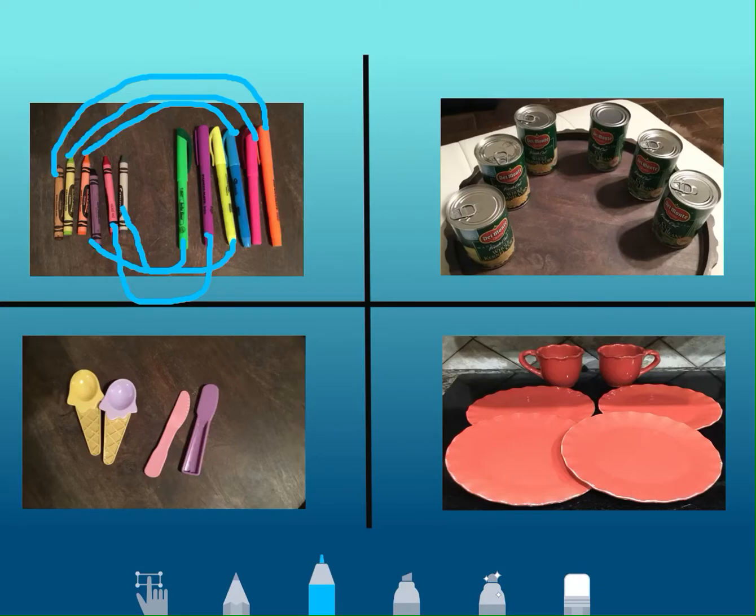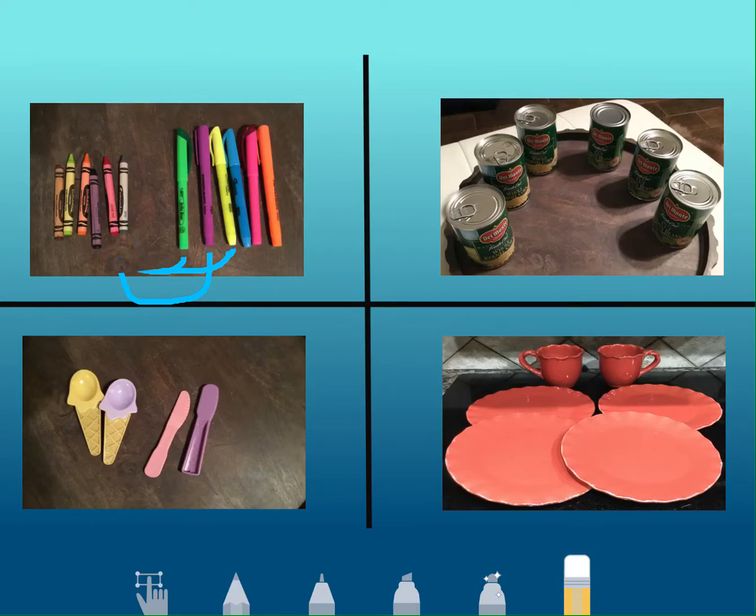They all have partners, or they have the same number of objects in each group, right? So, we have 6 crayons and 6 highlighters. It's the same, okay? It's the same number of objects in each group.